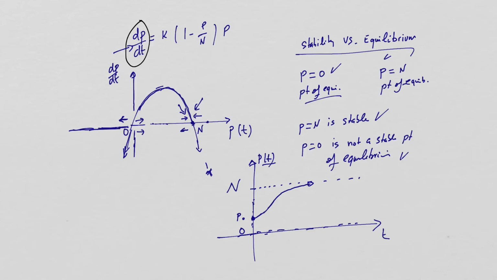If p of t is more than n, let's say it's here, then we know, based on the first graph, the population has to decrease. Why? Because dp/dt is less than 0. So if you are here, the population has to decrease.